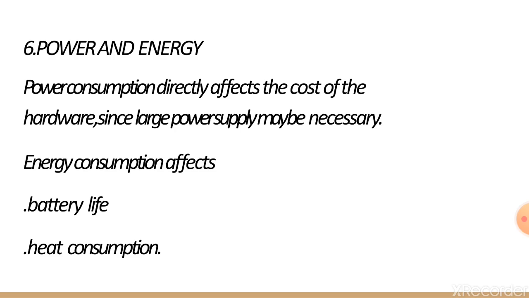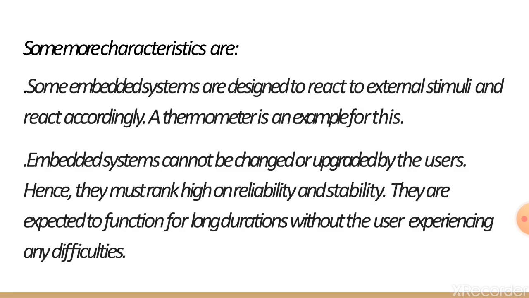Otherwise system failure will happen. So battery life and power consumption come under power and energy. That's all for the major 6 characteristics of an embedded system.